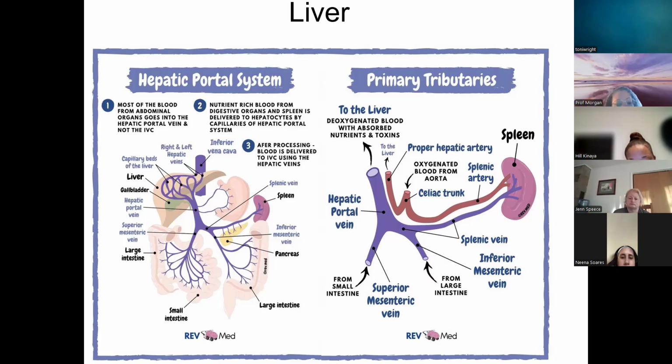Okay, it also helps to regulate your clotting proteins and your lipoproteins. It helps to synthesize cholesterol when the body needs it. So we use cholesterol for things like making steroid hormones, cortisol, and sex hormones, as well as bile salts. And those bile salts help with the bile and help with the breakdown of the fats.